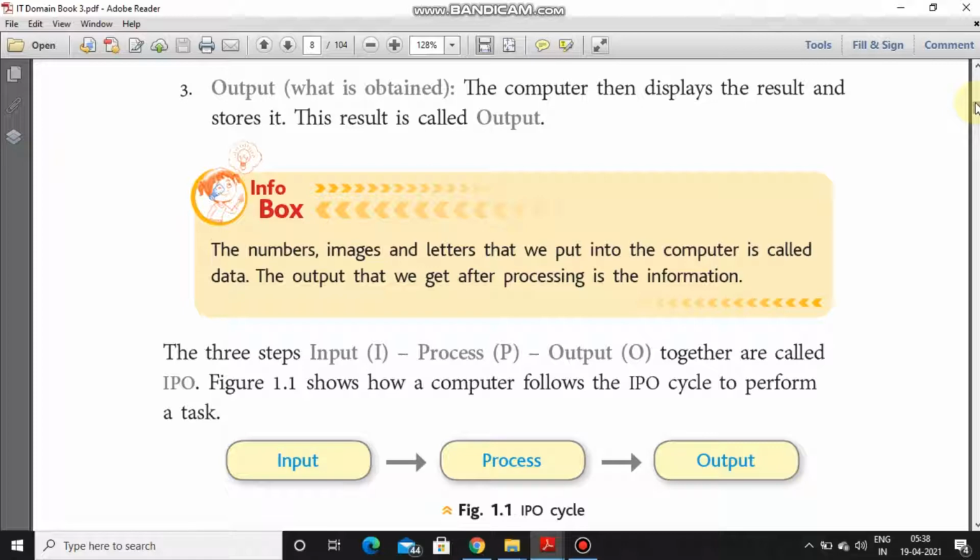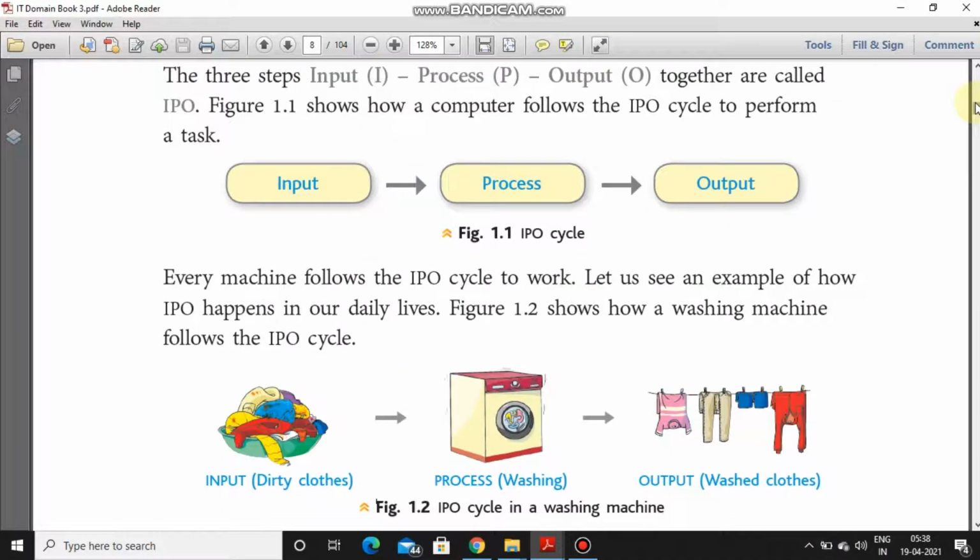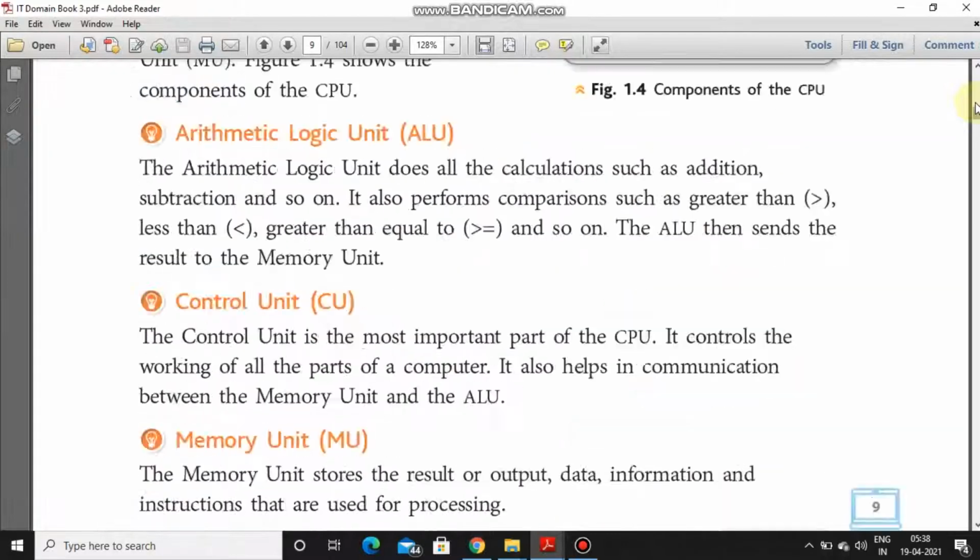Basically, a computer follows the IPO process, that is the input process output cycle. The input is the numbers, words, or data provided by the user to the computer by using some input devices.